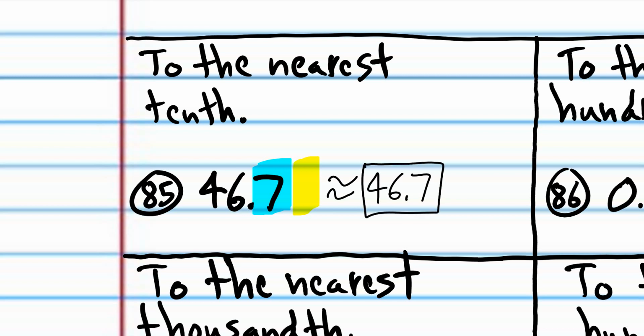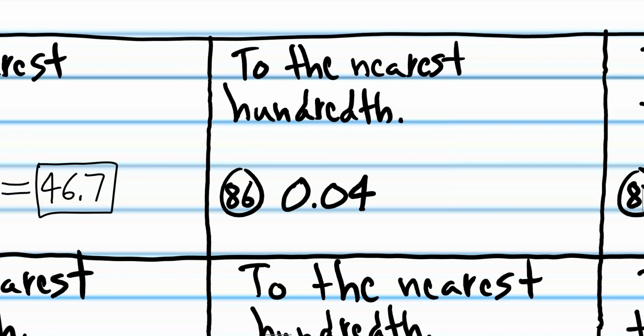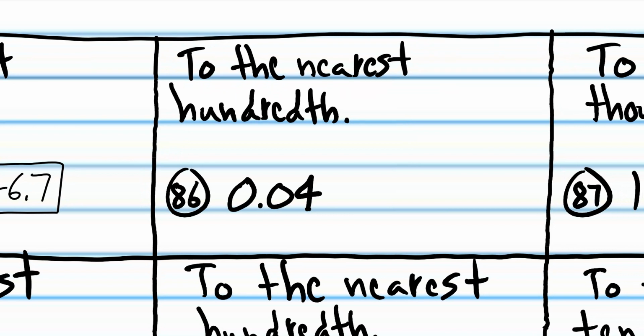So as you can see, the number didn't change. But if the number doesn't change, that means we can take this approximately equal to sign and make it exactly equal to, two straight lines. Let's try number 86. The hundredths place is here. We have the same situation.